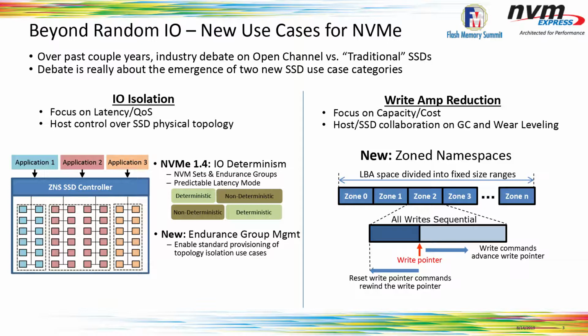And the other use case, which wasn't as apparent initially, at least, was what I'll call write amp reduction. There was a segment of people focusing on capacity and cost, using QLC NAND, getting the highest possible capacity and lowest cost. What they were trying to do is enable a collaboration between the host and the SSD on garbage collection and wear leveling, more at a logical level than actually managing the detailed physical properties of the devices.